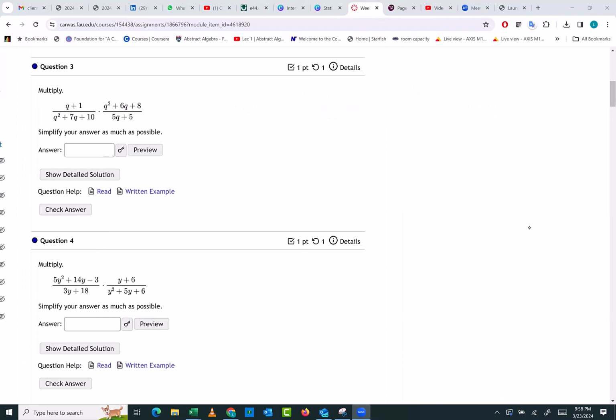Question number 3. Q plus 1 divided by q squared plus 7q plus 10. I'm going to multiply that by q squared plus 6q plus 8 divided by 5q plus 5.